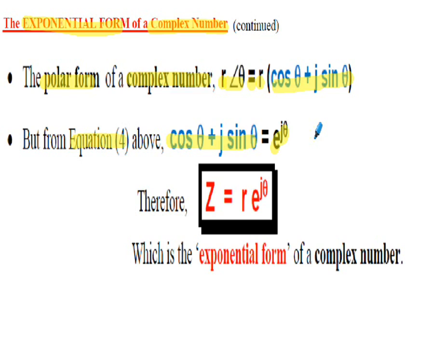So in other words, this Cartesian form on the left hand side is equal to e to the j theta. So we could now write a complex number z as equal to r, and instead of multiplied by cos theta plus j sine theta, it's multiplied by e to the j theta. And this form is called the exponential form of a complex number. So this is another form of expressing complex numbers.